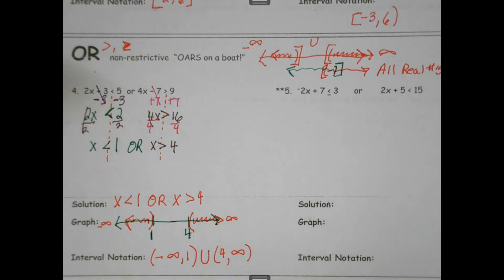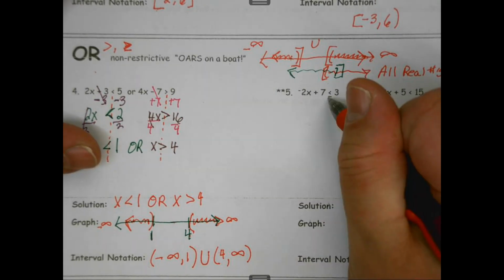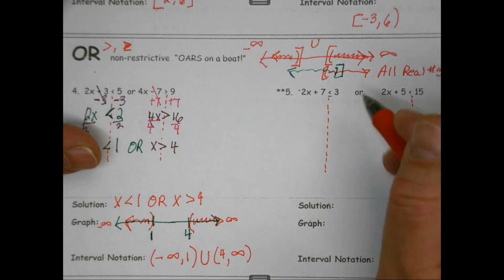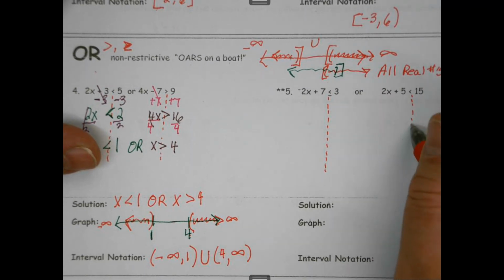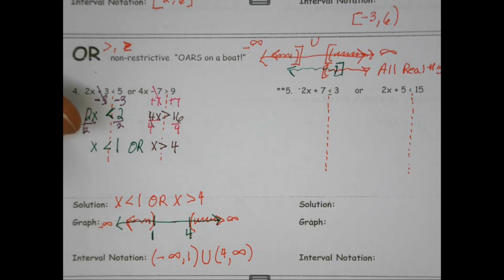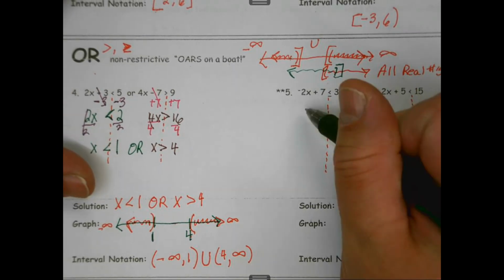Let's see, I'm going to subtract 7. I have negative 2x less than or equal to negative 4. I'm going to divide by negative 2. Maybe this is the star thing.